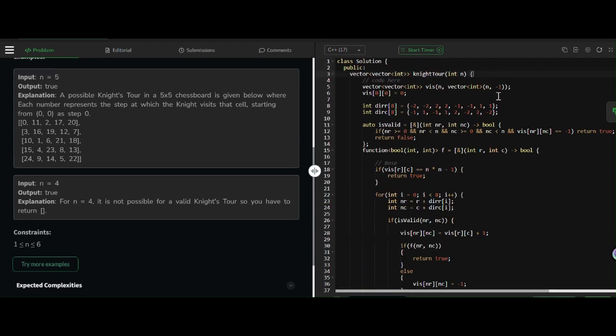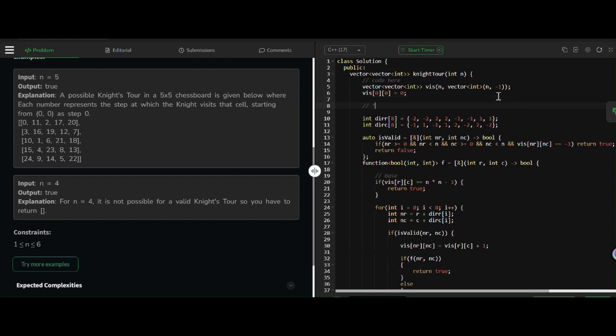So as you see, there are eight movements, right? 8 movements at every cell. It means every cell can have, in the worst case, 8 possible moves, right? So the time complexity would be 8 to the power n square. This would be the time complexity of the solution.